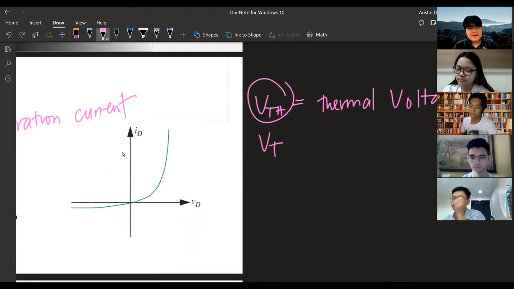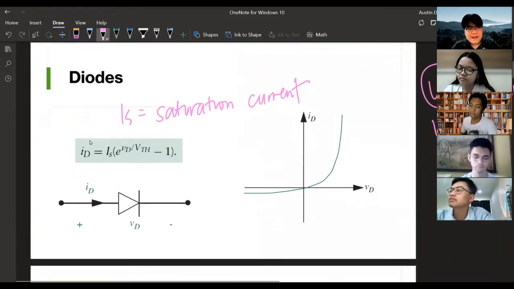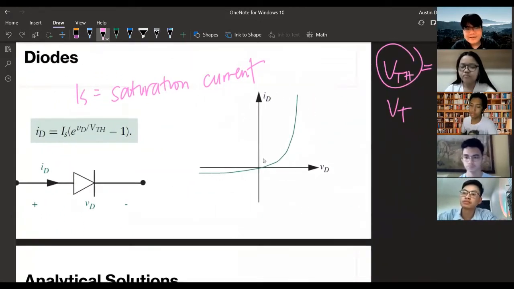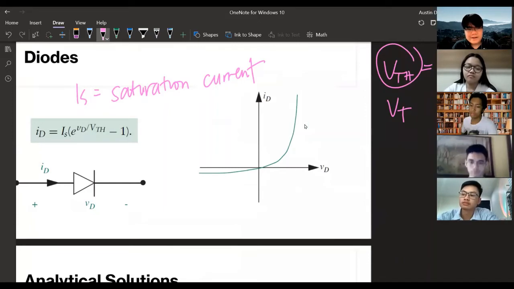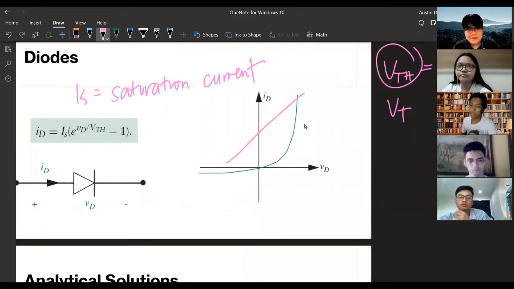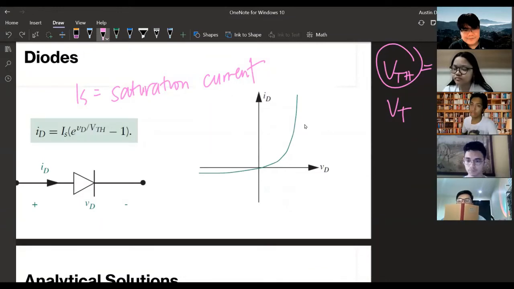Okay. And then the response of a diode is, as we can see here, nonlinear. Okay? Yung mga resistors natin, di ba, pag ganun sila or pag ganun, and other elements such as source, ganun din sila.